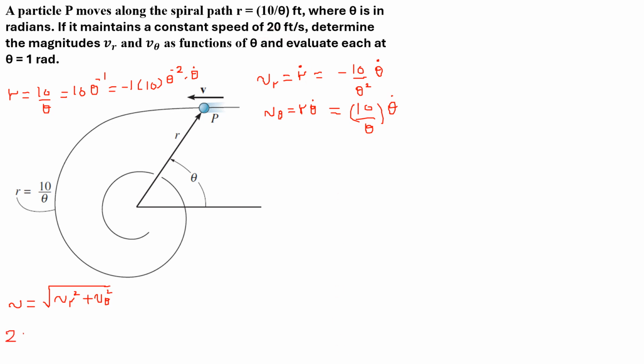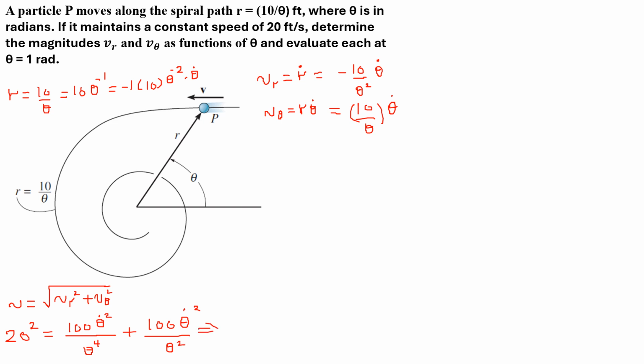I will have 20 square equal Vr square, which would be simply this value squared, so it will be 100 theta dot square over theta to the power 4, plus V theta squared, which will be 10 square, 100, times theta dot square over theta square.